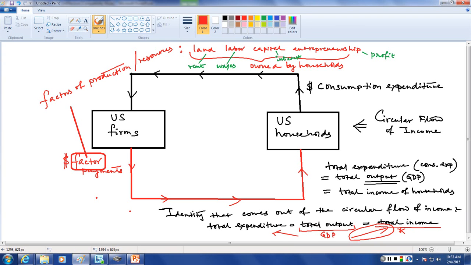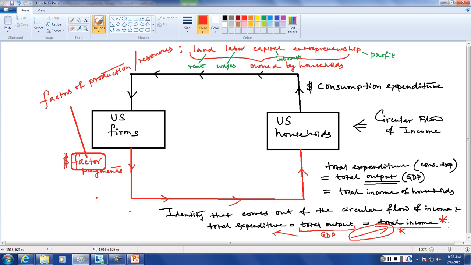Now that is an important bit of information because it tells you how well off your people are. Correct? Your personal income is an indicator of how well off you are. And so GDP, which is equal to the total income of all the households in the economy, would tell us about how well off Americans are as a whole.